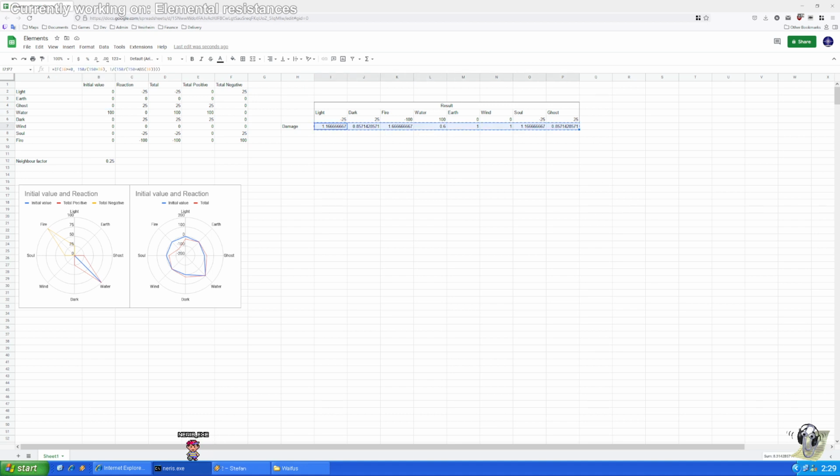So I need to copy this, paste it into the attributes. Wait, I copied the wrong value in this.